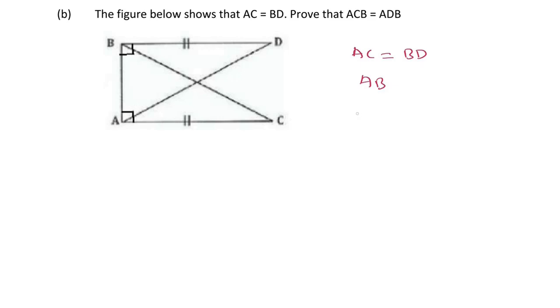And also we can see that angle ABD equals angle BAD because they both have 90 degrees. Then we can conclude that triangle ABC is congruent to triangle BAD, then ACB equals ADB by definition of congruent figures.